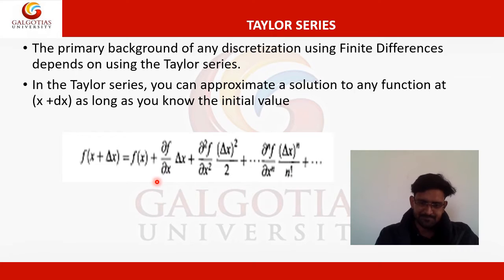So this is the Taylor series. If we can approximate the solution for a small delta x, we can then have the values for delta x, 2 delta x, and 3 delta x. In this way we have the solution at each and every different point.